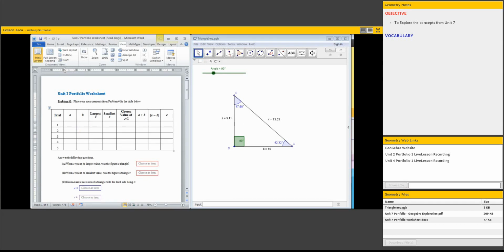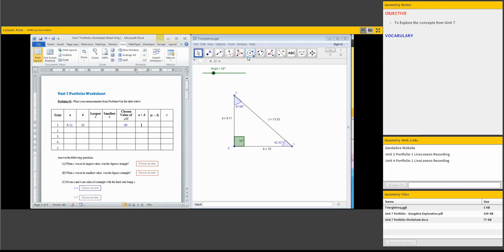My side A here is 9.11. My B value is 10. Largest C and smallest C, I'm going to hold off for a second. My chosen value of C is 90 degrees. You can put the degree mark in there if you want, but you don't have to.